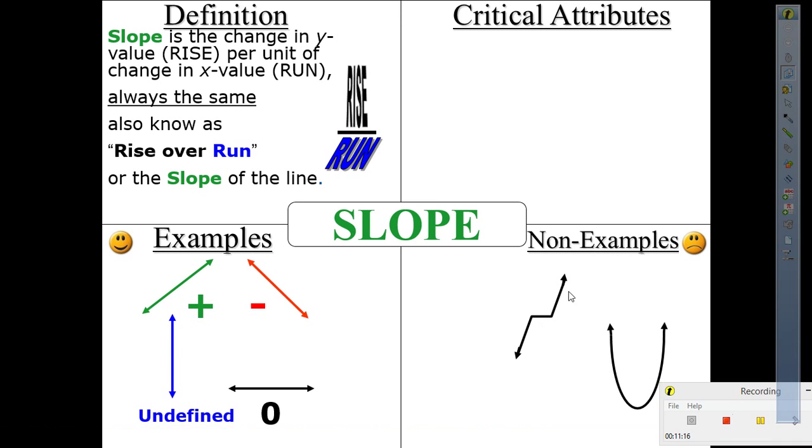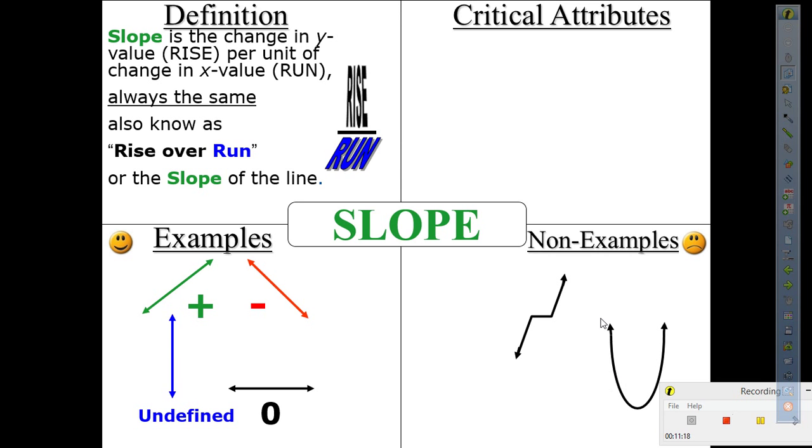Chris V. Why is this a non-example of slope? It's not straight. Or what is the key word? Thank you, Chris. Yeah, because it doesn't have a constant rate. Look at this one. It starts as a positive, but then it breaks, and then it continues again. It's not a constant rate.